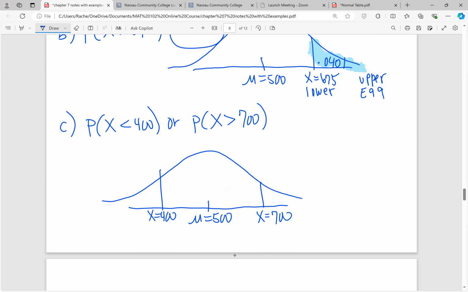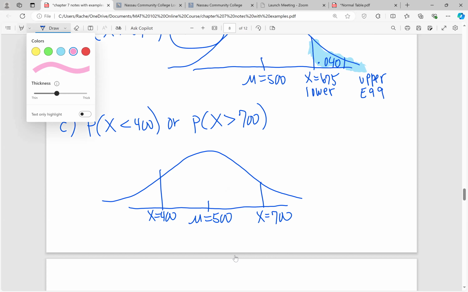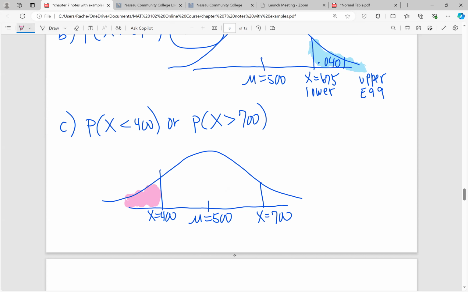And we want to shade less than 400, but we also want to shade greater than 700 because it could be either or. Now, notice in the picture, it's 2 separate areas, right? It's not one continuous area. So you have to find the area of each one and then add them together. That's all.